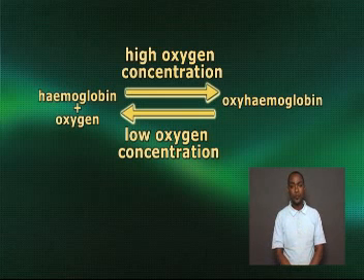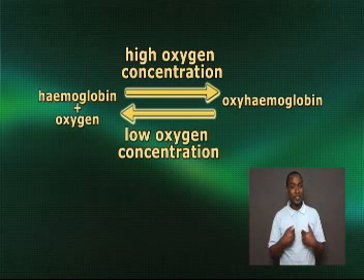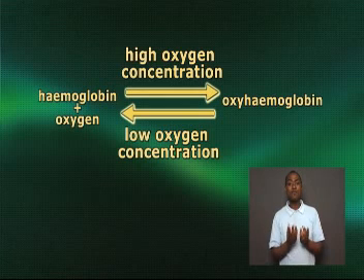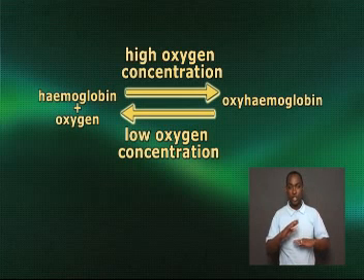The oxygen molecules pass into the cells that require them by diffusion. Hemoglobin's reverse reaction is the process that maintains life by carrying oxygen to the areas where it is needed.